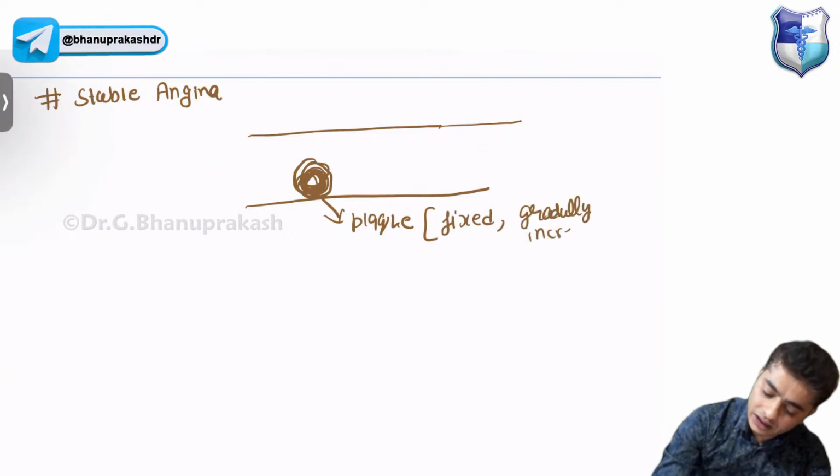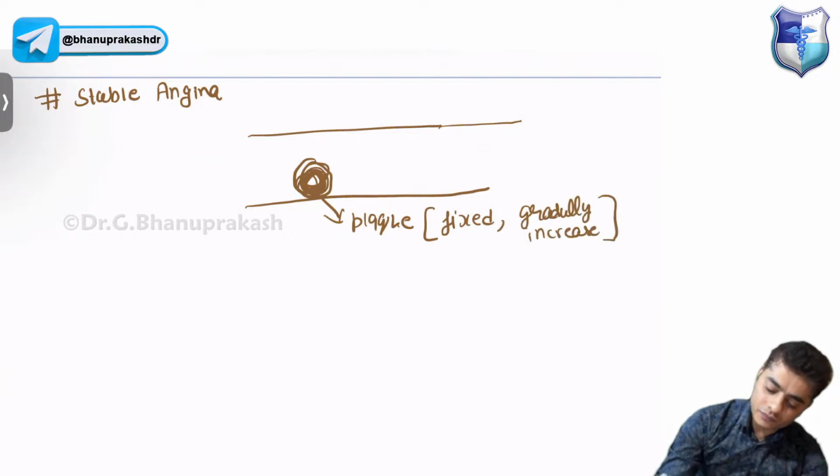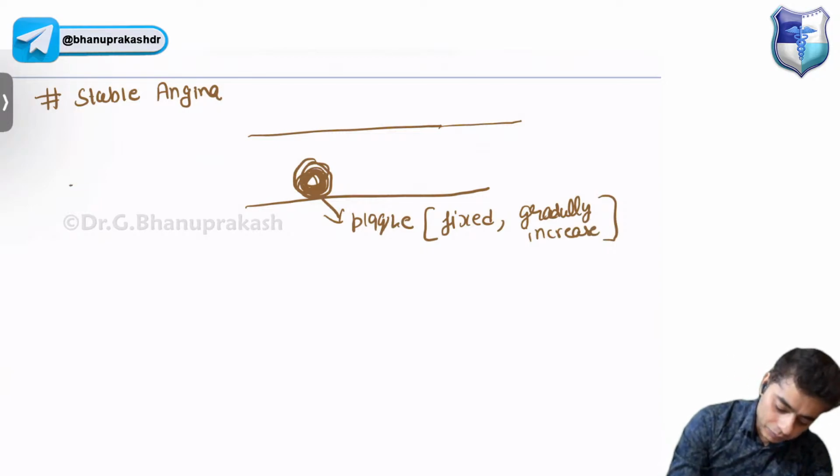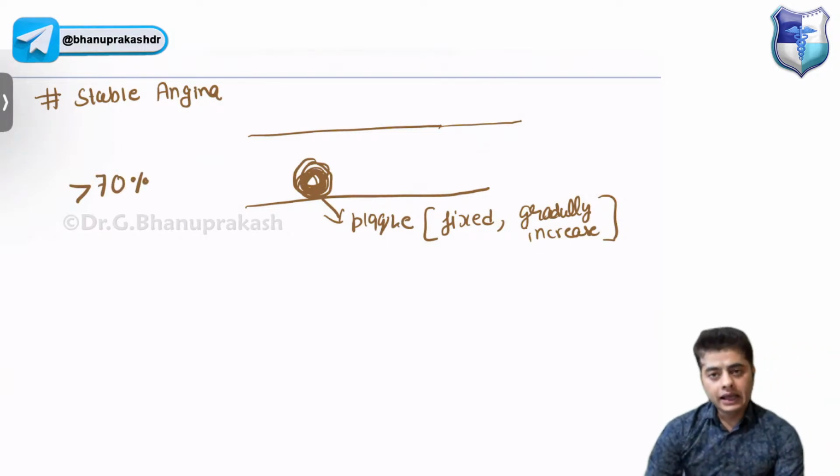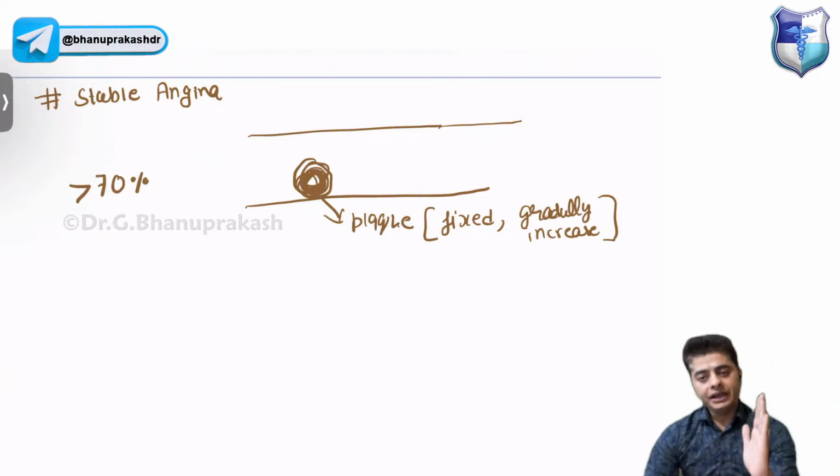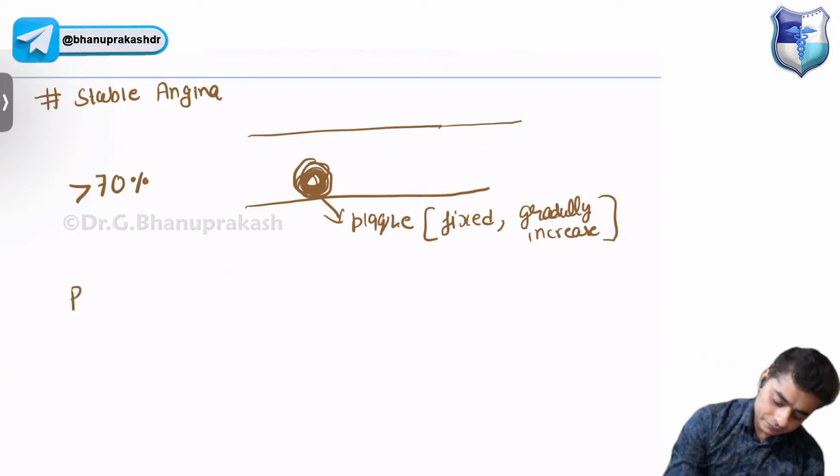When this plaque increases and blocks the coronary artery by greater than 70%, then pain will start. And in stable angina, pain is at exertion or at activity.